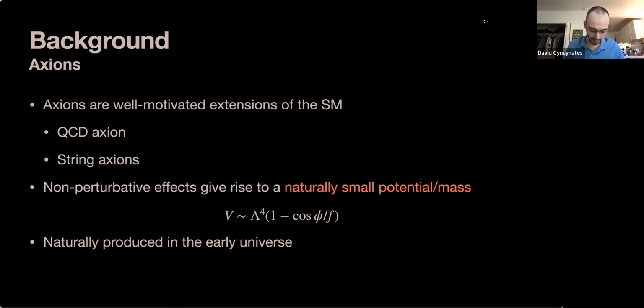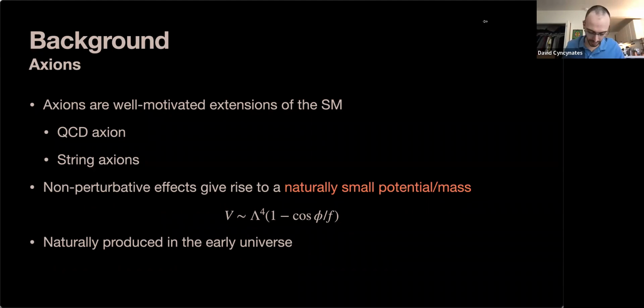In both cases, the instanton potential is periodic. This is because the axion is a periodic field, corresponds to winding. And the scale out front is what we call the instanton scale. This is what is generated non-perturbatively, and thus naturally lives at whatever scale it ends up at.